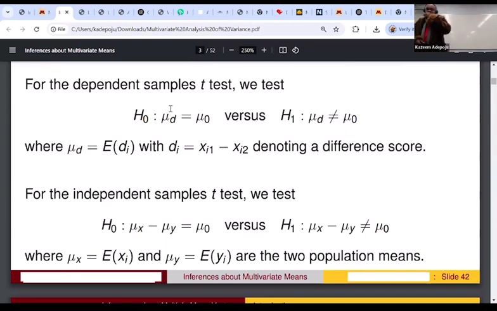We test this hypothesis here. What we mean by dependent samples is that we're taking observations, visiting subjects on more than one occasion. We're using the same subject.